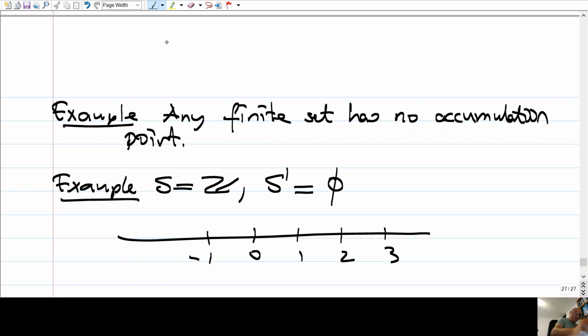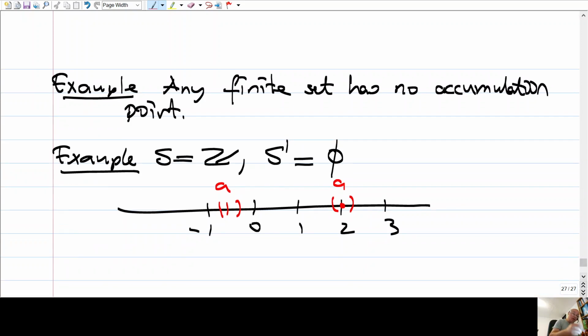If you give me any real number A, either here or here, I can always draw a small interval like this, and that interval will contain at most one integer, right? Therefore A is not an accumulation point. Therefore, S prime is empty.